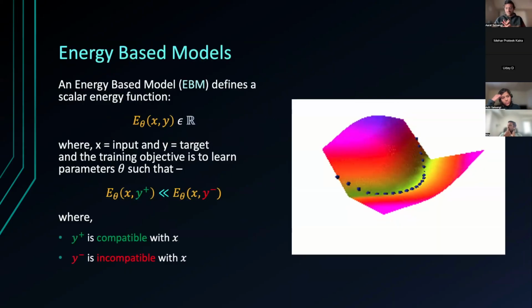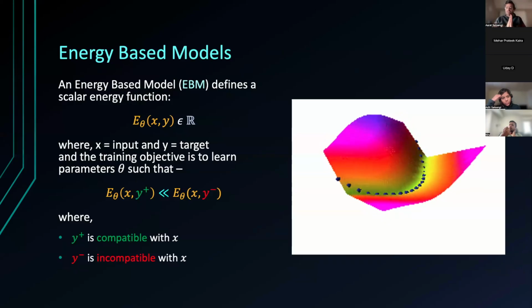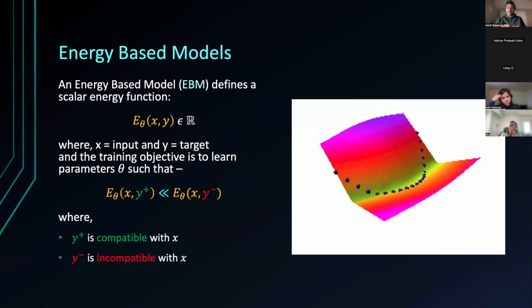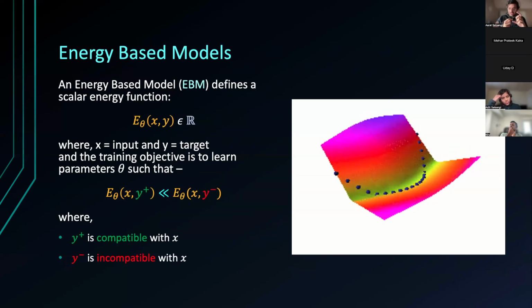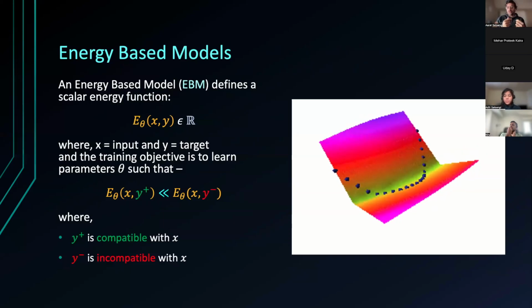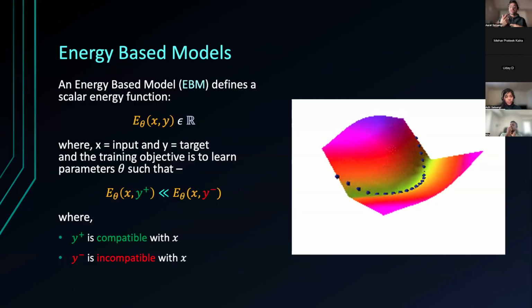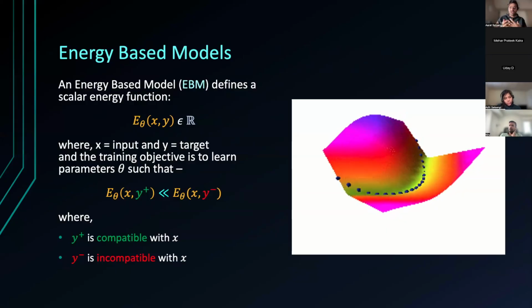An energy based model defines a scalar energy function. There is a function E that takes in two inputs, x and y, and the training objective is to learn the parameters theta of the function E_theta, such that for compatible x and y, their energy should be low, and if they are incompatible, their energy should be high.